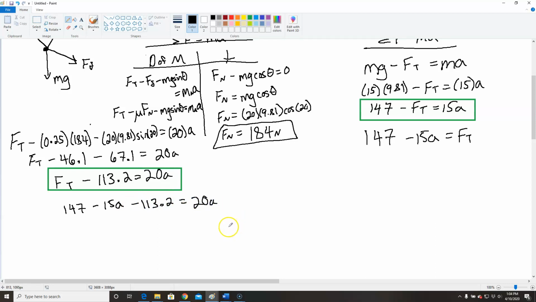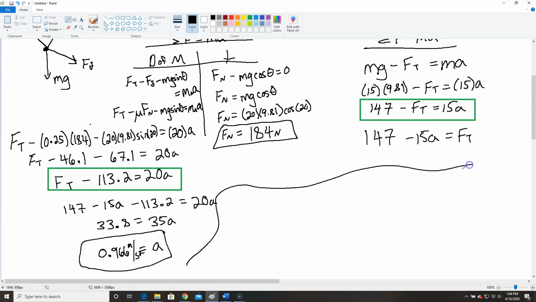I'll move the a's to the same side of the equation. In doing so, I'm going to end up with 33.8 equals 35a. And we see we're going to have a pretty gentle acceleration. The acceleration I solved for was 0.966 meters per second squared.